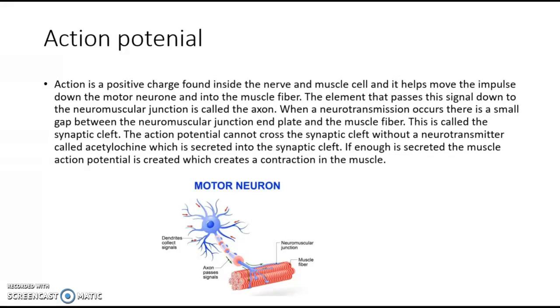This is called a synaptic cleft. The action potential cannot cross the synaptic cleft without a neurotransmitter called acetylcholine, which is secreted into the synaptic cleft. If enough is secreted, the muscle action potential is created, which creates a contraction in the muscle.